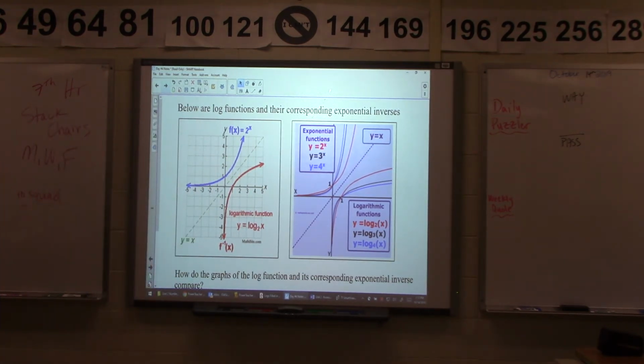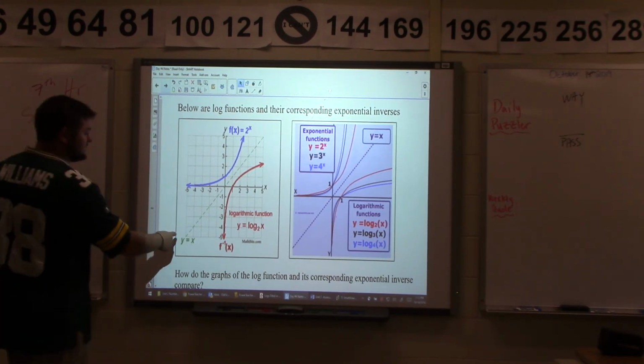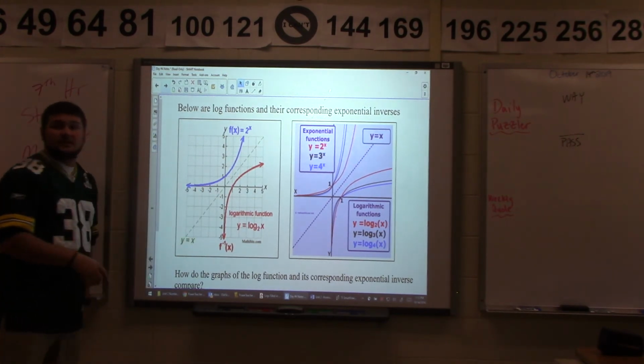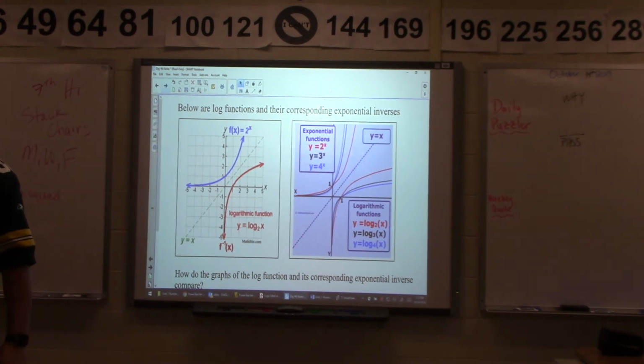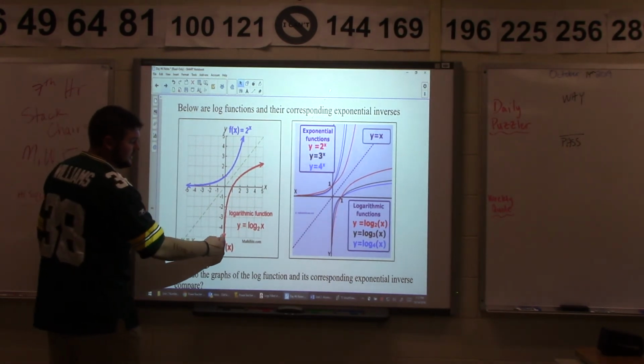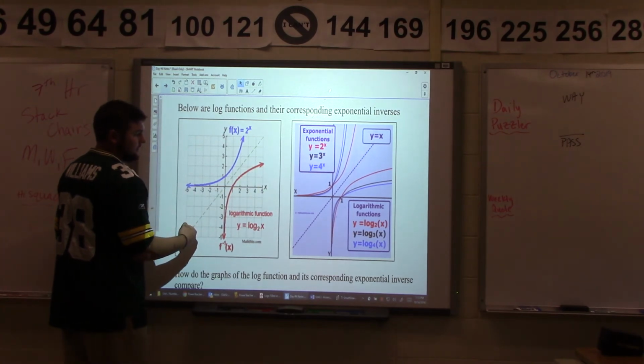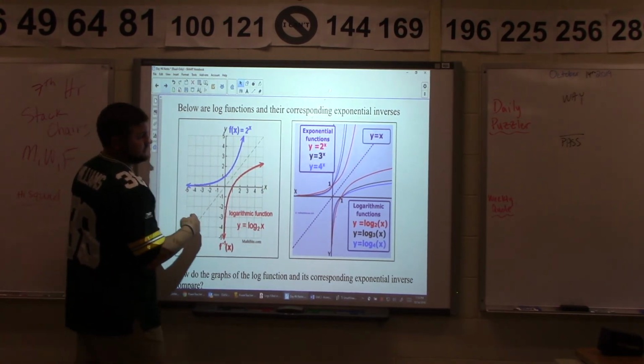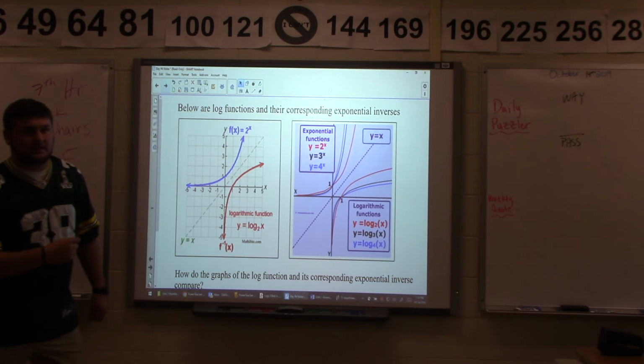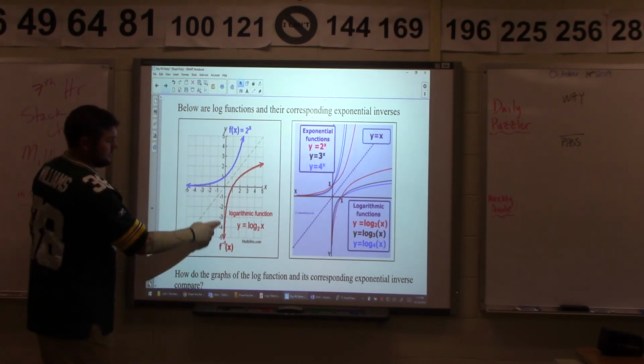The log functions are an exact mirror across x equals y, because they're the inverse. All right? So if we're looking at a log function, it's either starting here and going up, or it's going the opposite way. It'll be going up and like this.